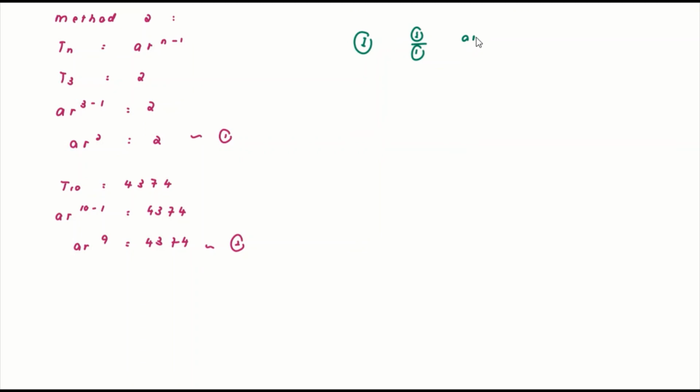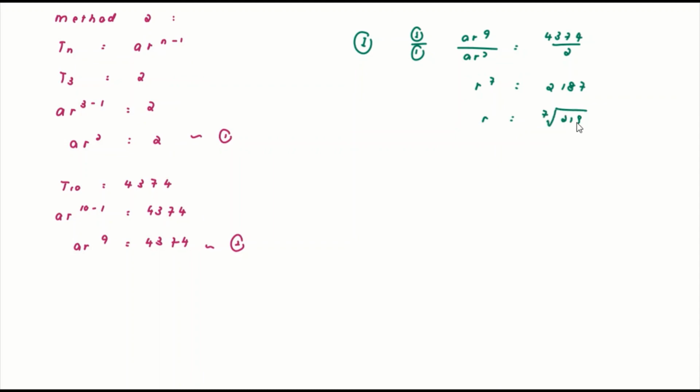So we have ar^9 divided by ar^2, which is 4374 divided by 2. The a and a cancel off each other. So r^9 divided by r^2 gives you r^7, and 4374 divided by 2 is 2187. Then you go back to the same thing as your number one. So this is how you solve it.